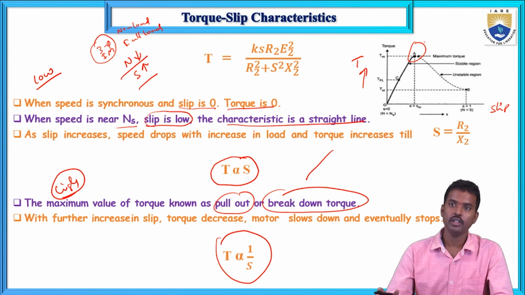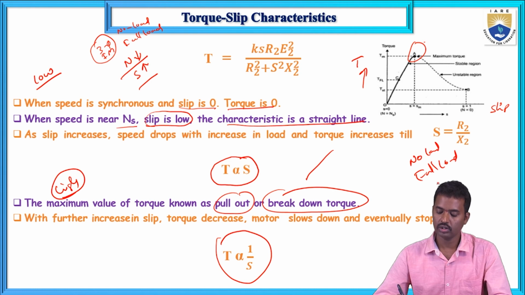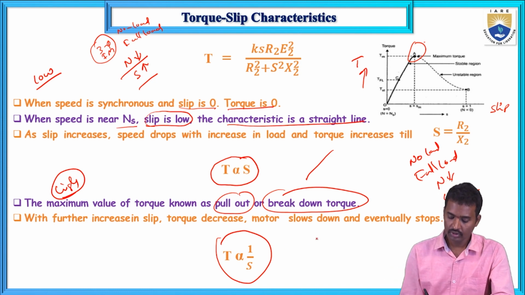So here, if the motor goes from no load to full load, the speed is decreasing and slip is increasing. To satisfy this load demand, torque should increase, but here the speed decreases further.